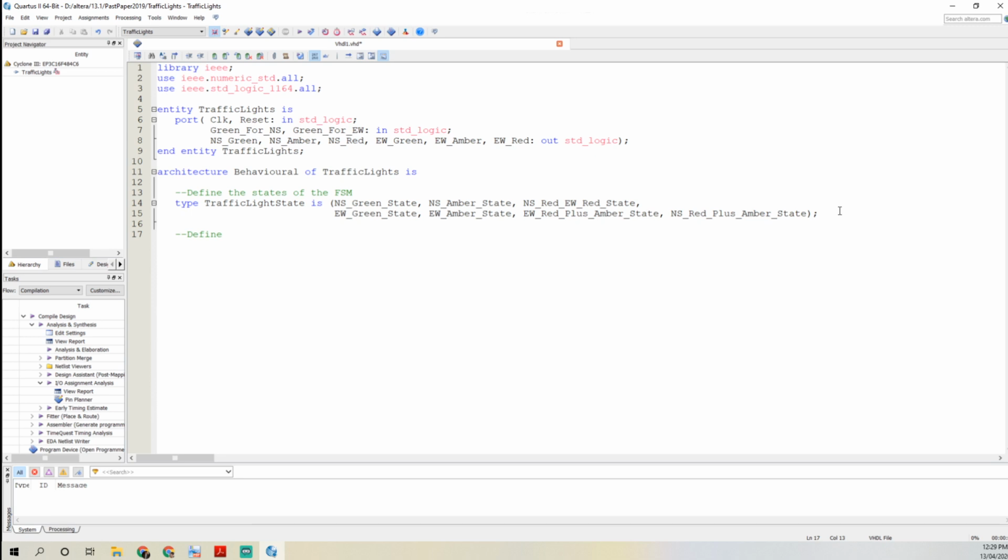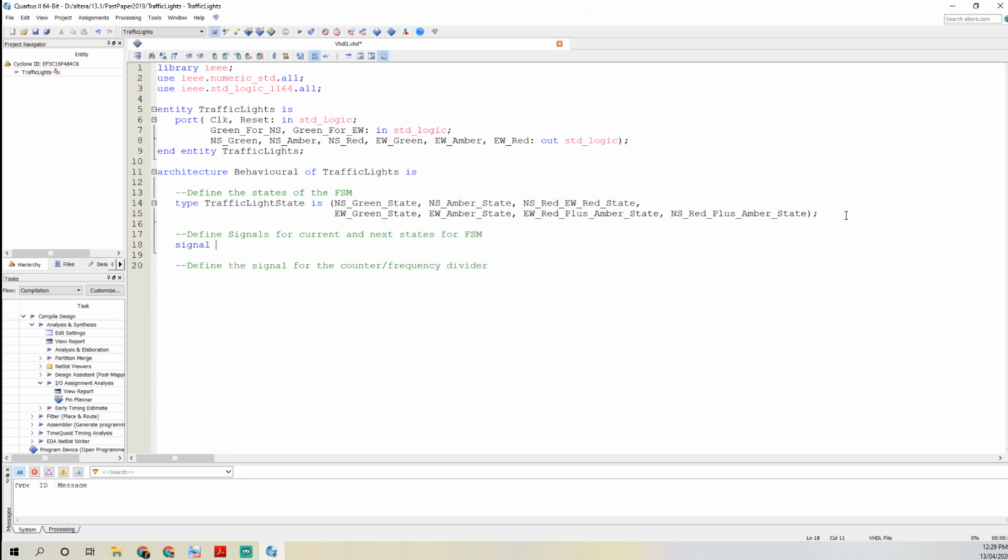Okay, so we are going to define the signal for the counter / frequency divider, right? Actually, no, let us first define signals for current and next states for FSM.